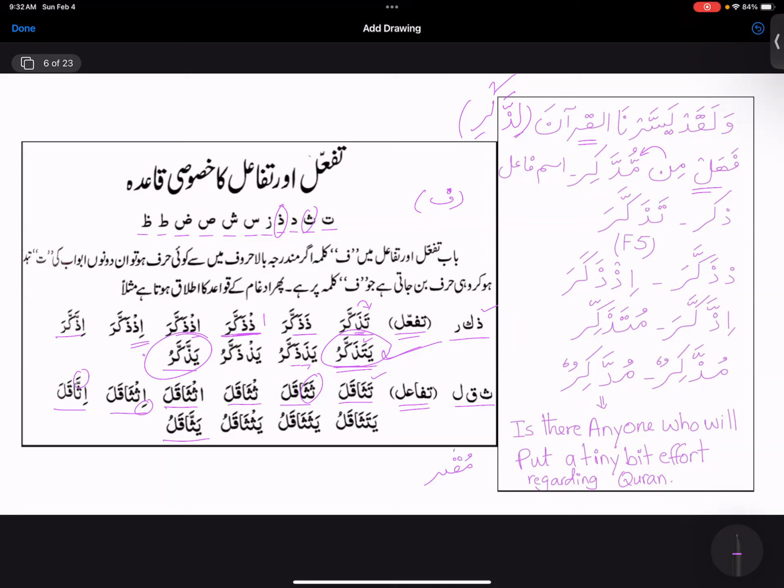So ism fa'il is muqtaribun, right? So now over here, put these root letters over here. That would be muzdakirun, mustakirun, yeah.